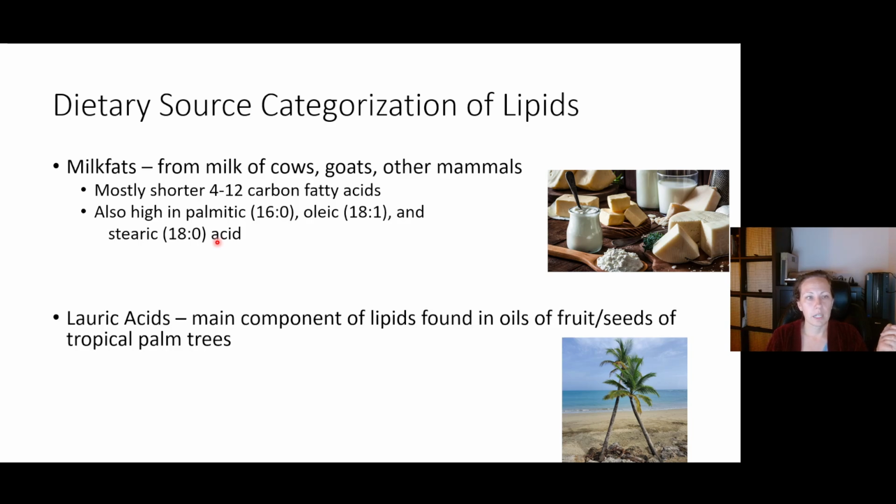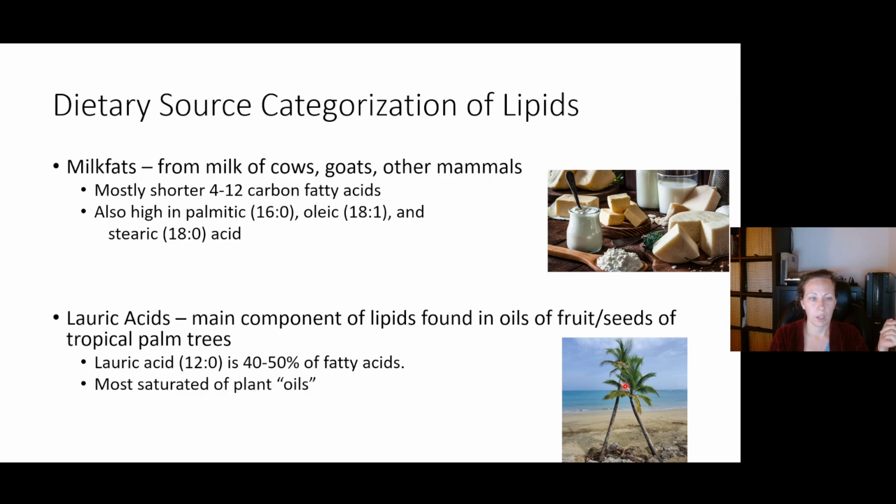Okay, the next dietary source is lauric acids. These are the main component of lipids found in the oils of fruit or seeds from tropical palm trees. So here we're talking coconut or palm kernel oils. Okay, they tend to be very saturated. They are the most saturated of the plant.